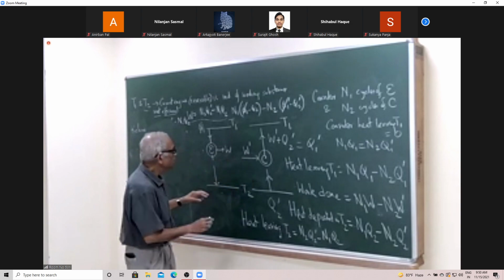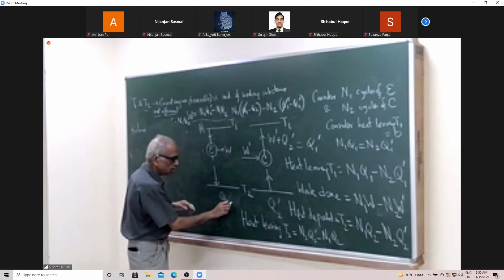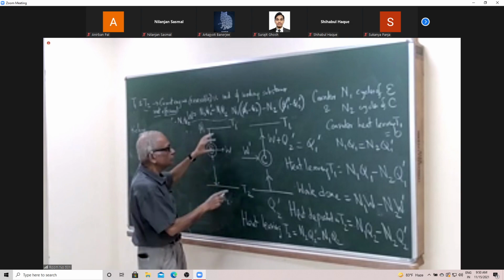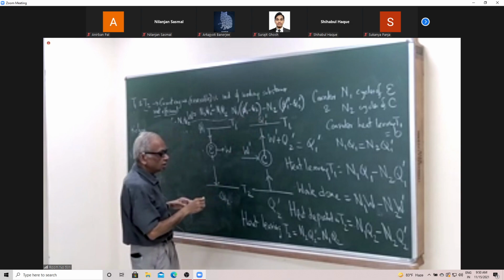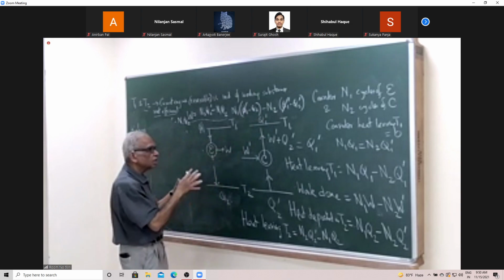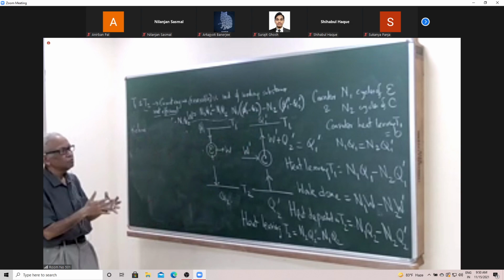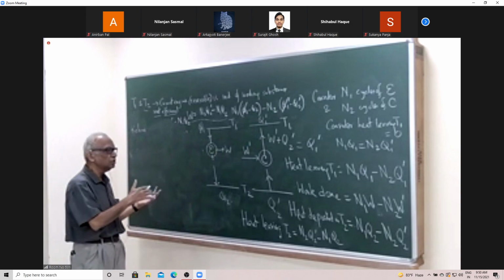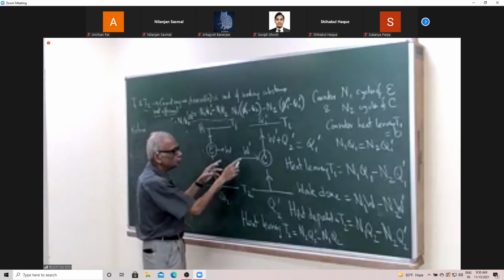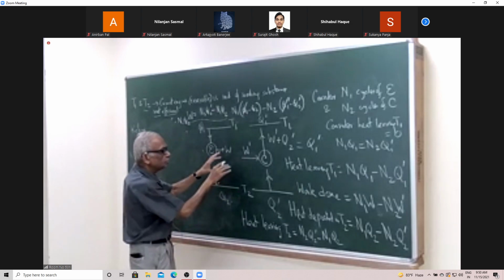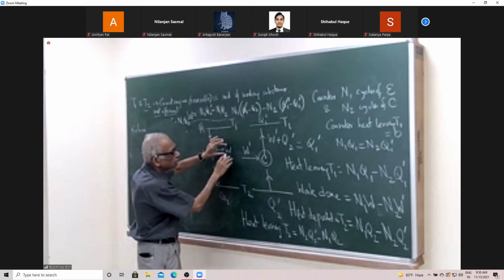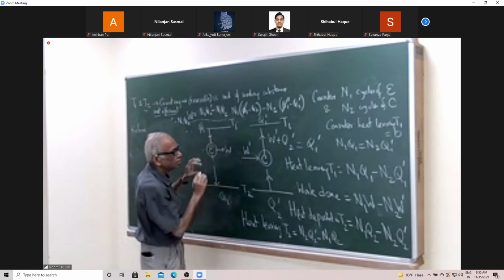As I take this cycle and one reverse cycle which puts in some Q1 prime over here, now try to argue what would happen to the W and the Q2s if Q1 and Q1 prime were equal. It can't be that all the W will be taken up by W prime.